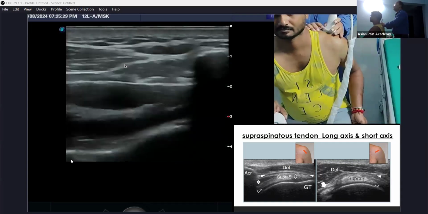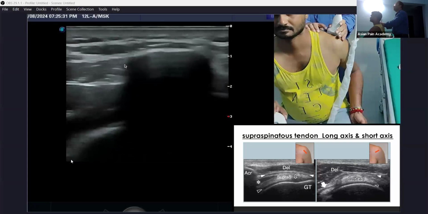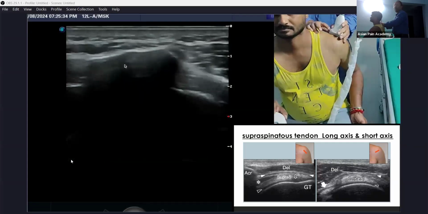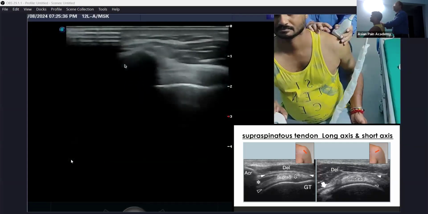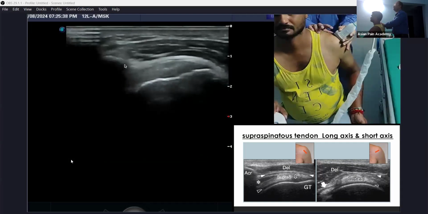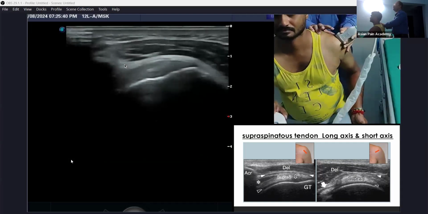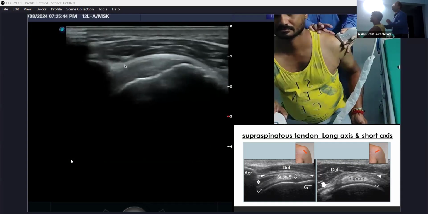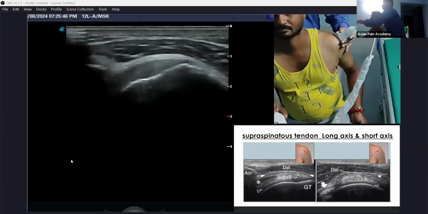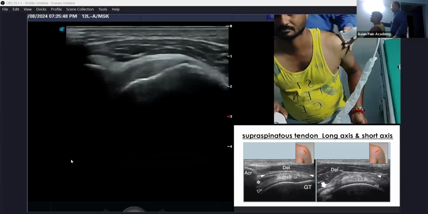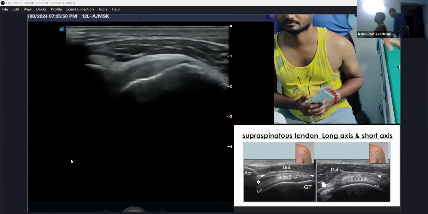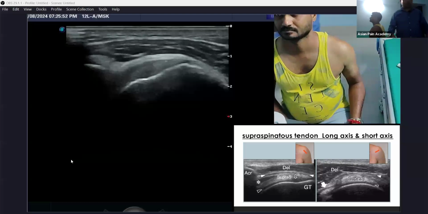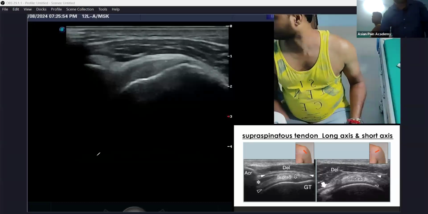So let us see if we can see the muscle and central tendon. So this central tendon is going below the acromion, below the acromion, and gradually this part it has become complete tendon. This part it has become complete tendon, and we can see it has come and joined at the greater tuberosity.